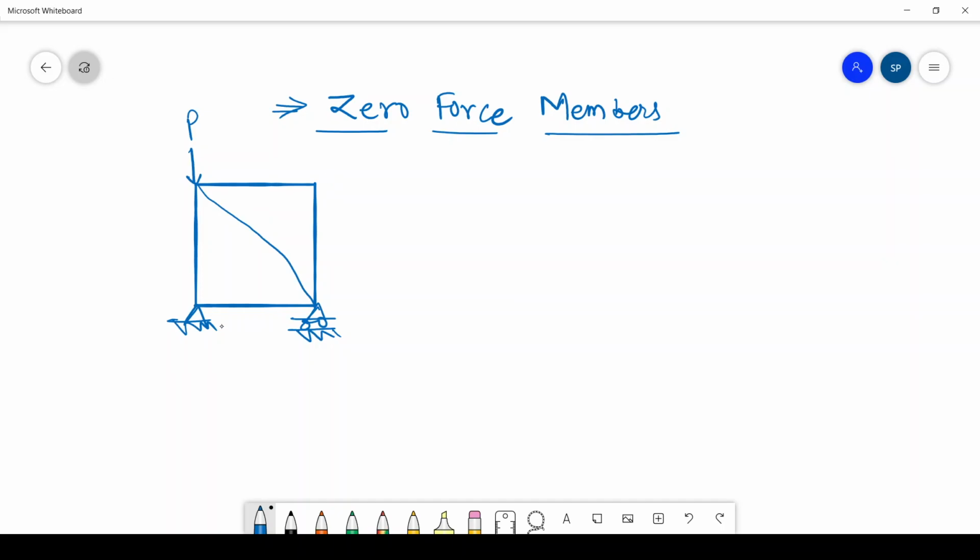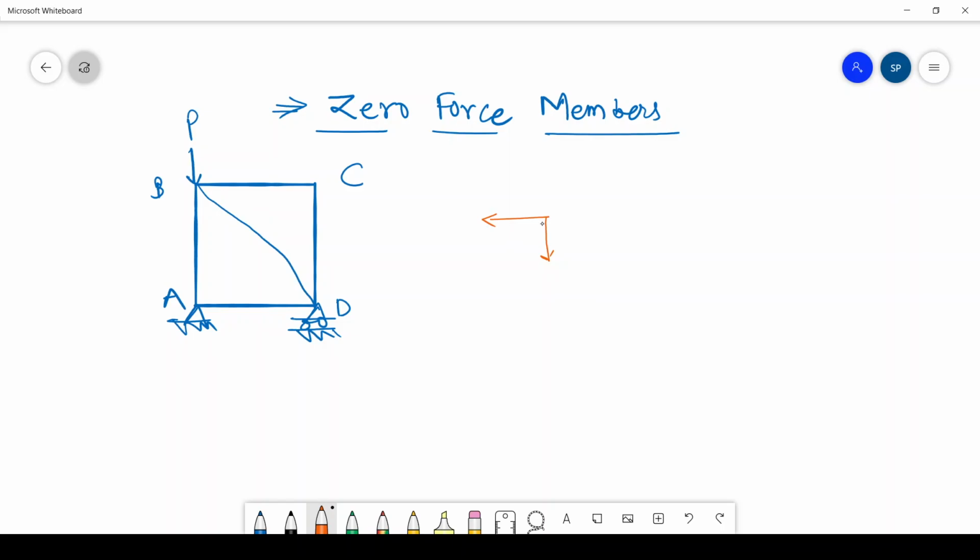Now these are joints A, B, C, D. In roof truss analysis, usually we start with the calculation of support reactions, and then depending on whether we are going for the method of sections or the method of joints, we use different steps after that. Suppose I consider this joint C and apply equilibrium conditions.